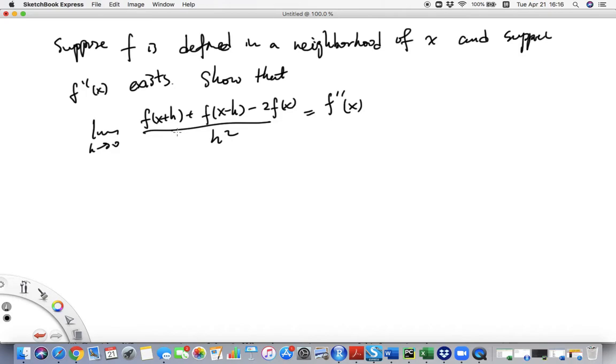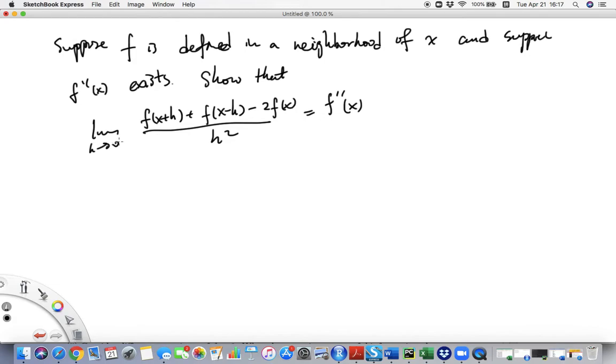Okay, so what do we do here? So if you look at the left-hand side, as h goes to 0, because f double prime exists, that means f prime exists and is continuous, and that in turn implies f is continuous.